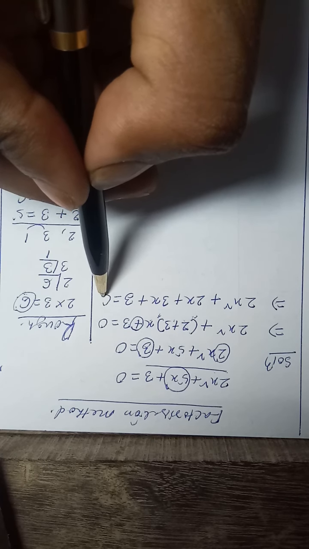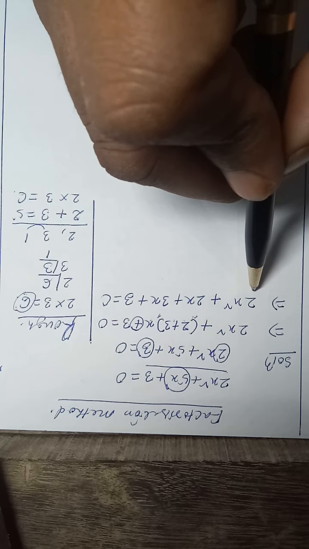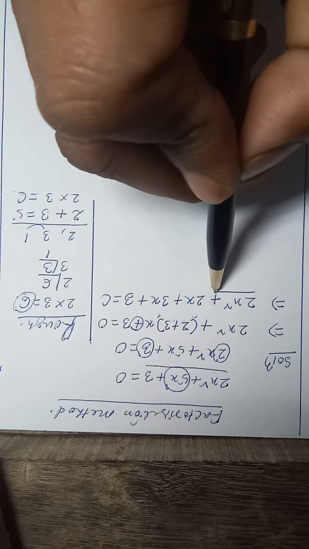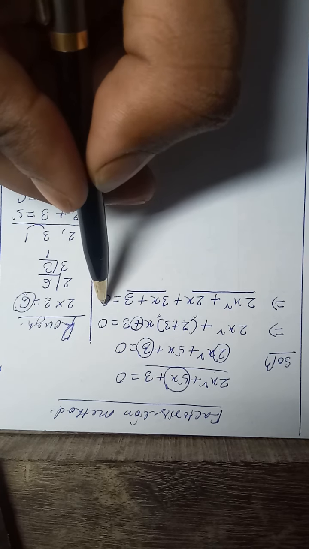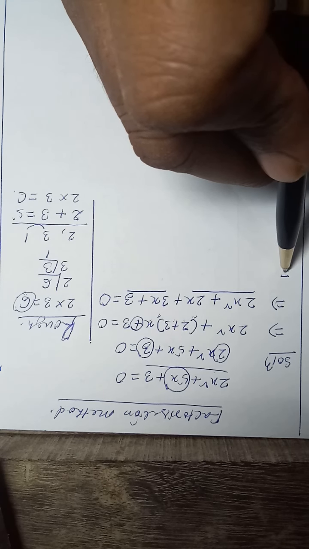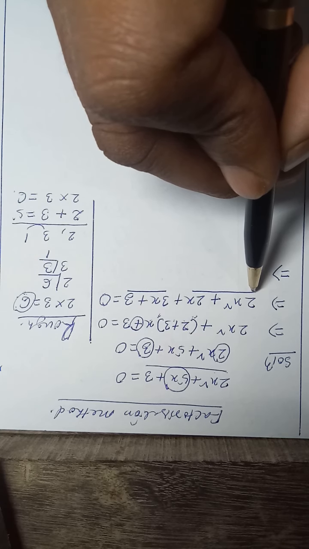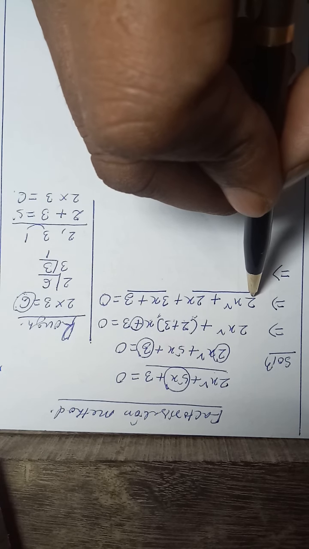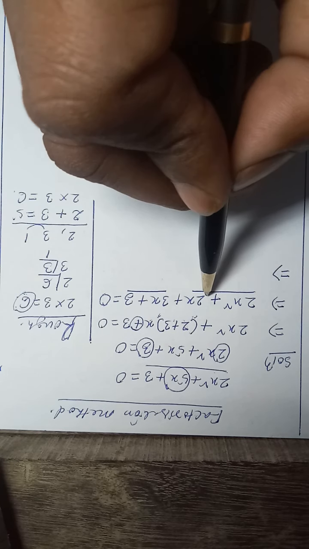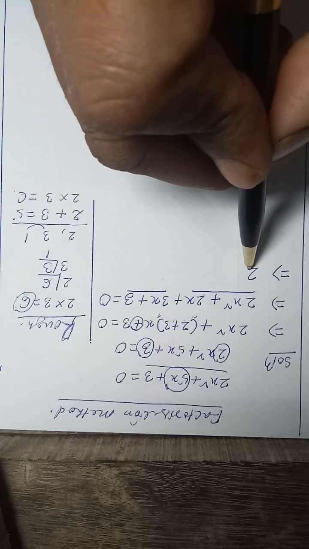= 0. Now we have to see the common factor in these two terms and in the other two terms. We look for one common number and another common variable. Here in this term 2 is there, and here 2 is there, so 2 is common.